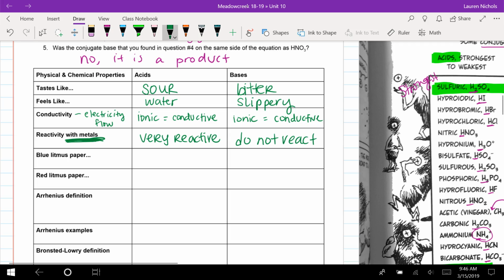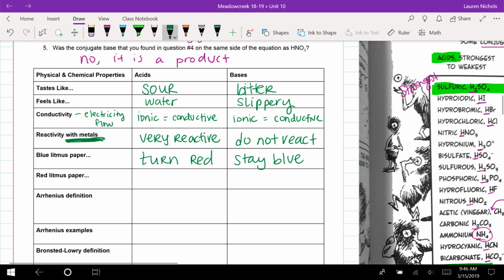Now, blue litmus paper. We did a demonstration of this in class, but you can also look it up on YouTube and find some videos. Blue litmus paper, when it's dipped into an acid, will turn red. But if blue litmus paper is put into a base, it will stay blue.